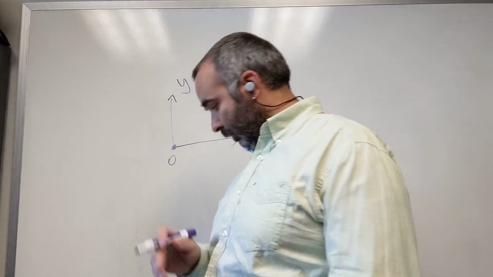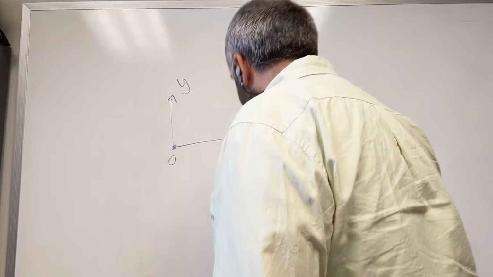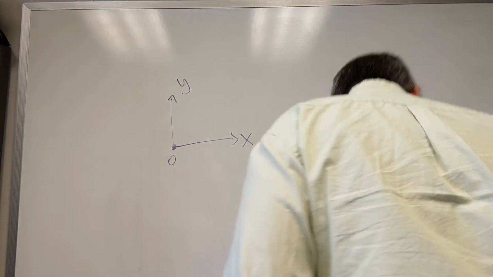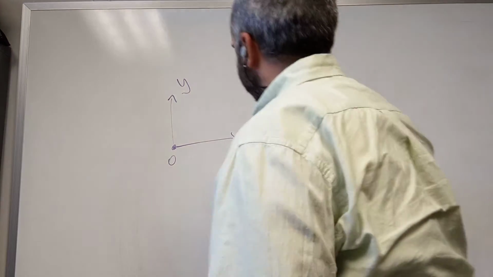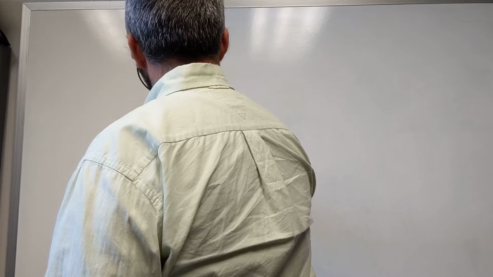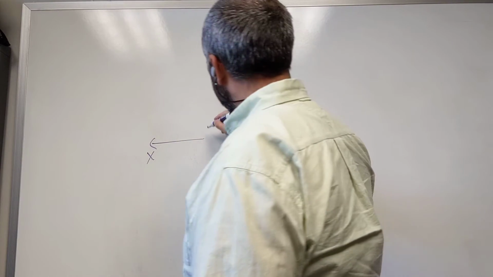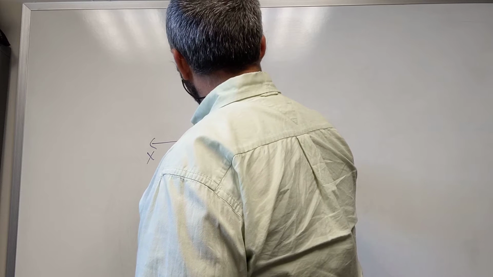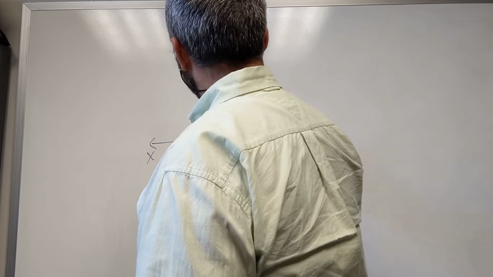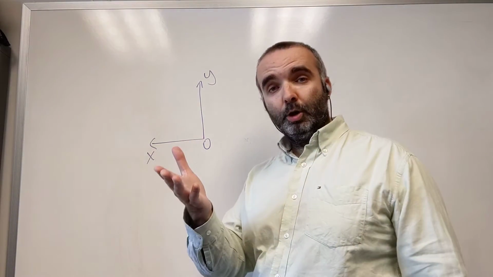Now I can do one more example. Let's say the x is to the left instead of using x to the right, and now I'm gonna do that the y-axis points up, and this is the origin. The same process.